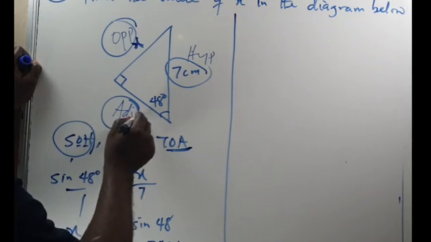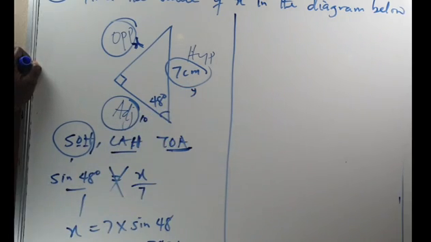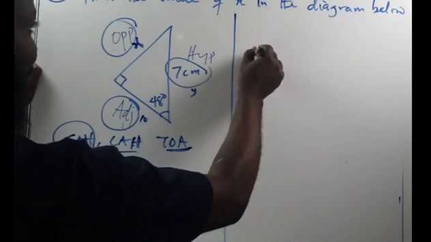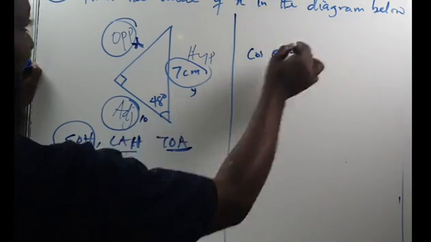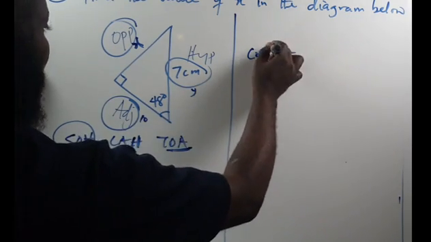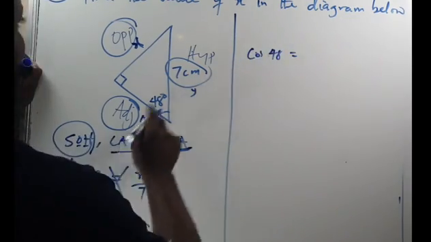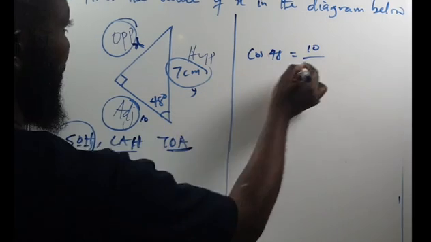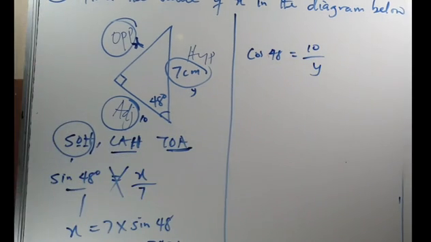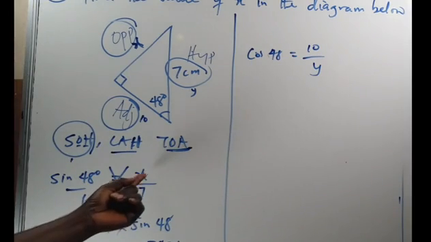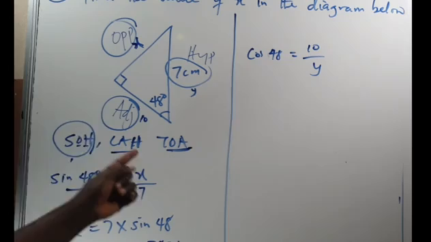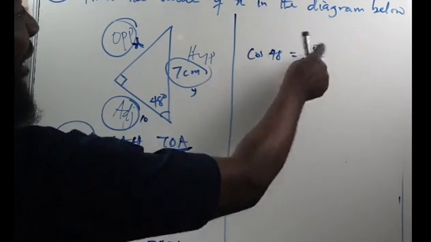So in that case, let's assume that we're given adjacent to be 10 and the hypotenuse to be y. So we are going to use cos 48 degrees equals the adjacent, which is 10, over y. You can see that the unknown is at the denominator here, but in the case of the first one, it is on the numerator, which is x over 7.